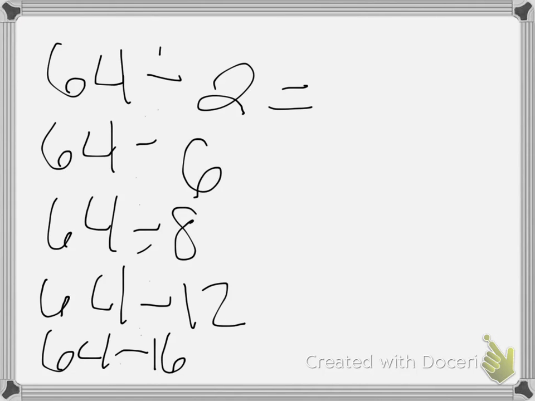So 2 goes into 6 3 times. So look, we have 64 divided by 2 equals 32. We already then know our answer to 64. Oh, I lied. We don't know our answer yet.